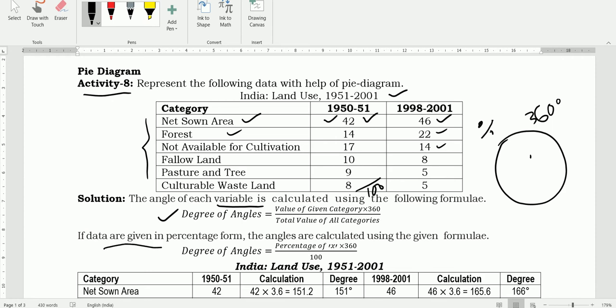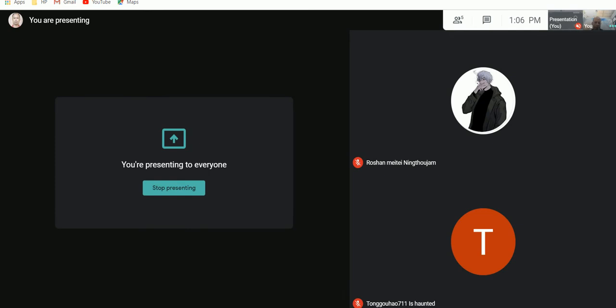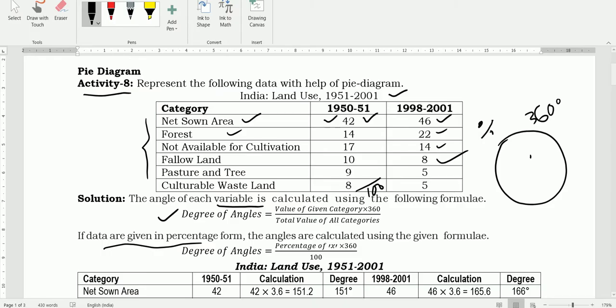If the data are given in percentage form, as in this case, the angles are calculated using the following formula. Degree of angle is equal to percentage of X, that is, percentage of each category, multiplied by 360 divided by 100.